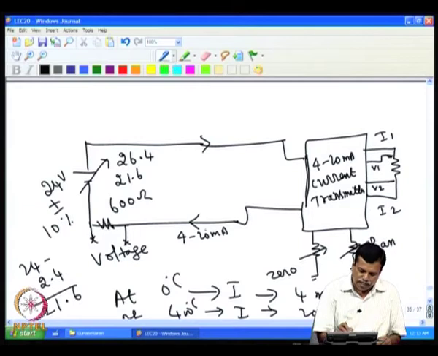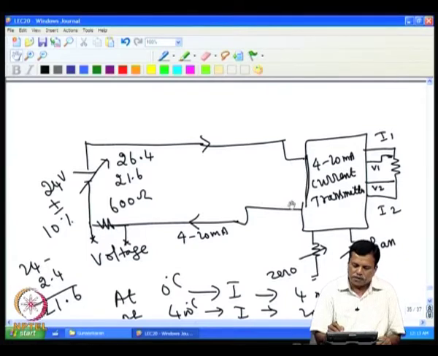Suppose the current is 20 milliampere, then if 600 ohm is put, you will have 12 volt drop here, and if the input is 24 volt, then only 12 volt will appear here as a supply to the instrument. Whereas, if another person uses 100 ohms, then for the same 20 milliampere you will have only 2 volt drop, and in that case you will get 22 volt across this.